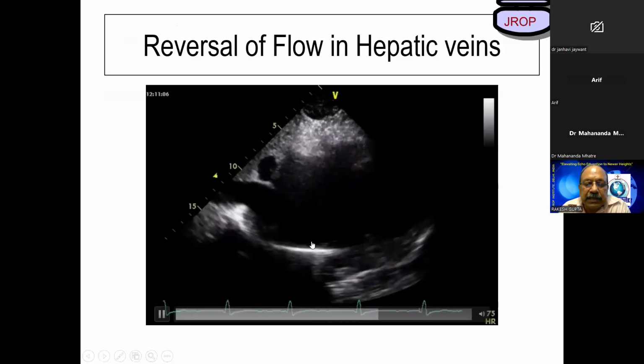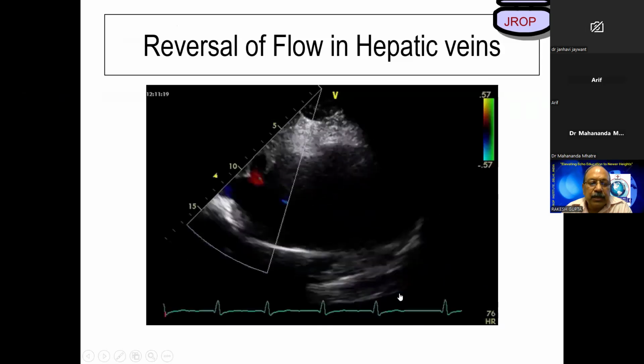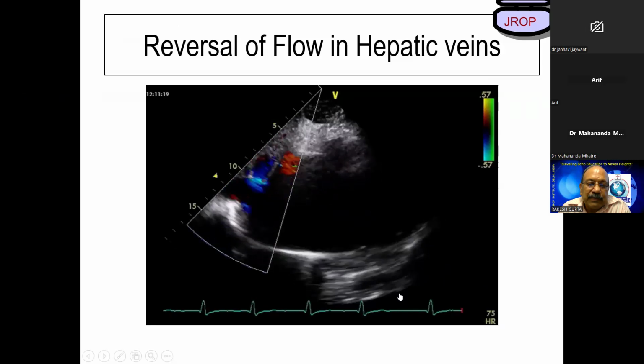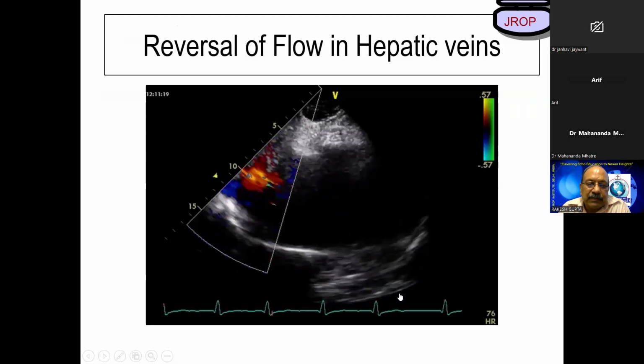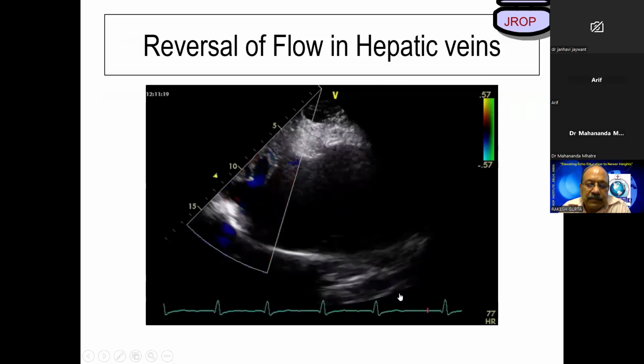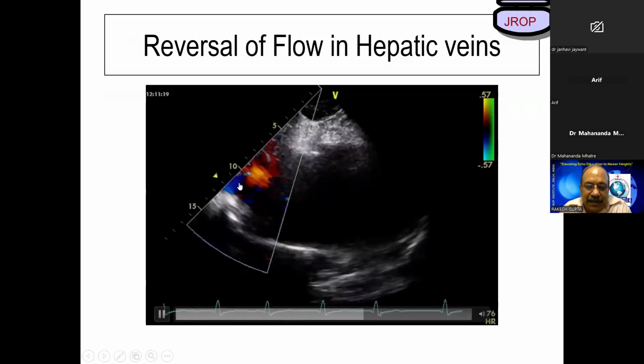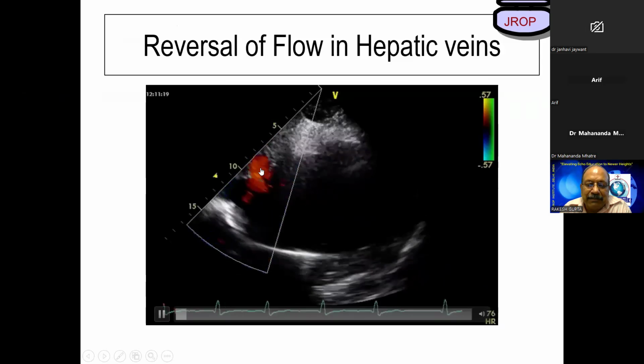Now, look very carefully at what exactly is happening in this patient. This is RA. This is hepatic IVC. This is hepatic vein.